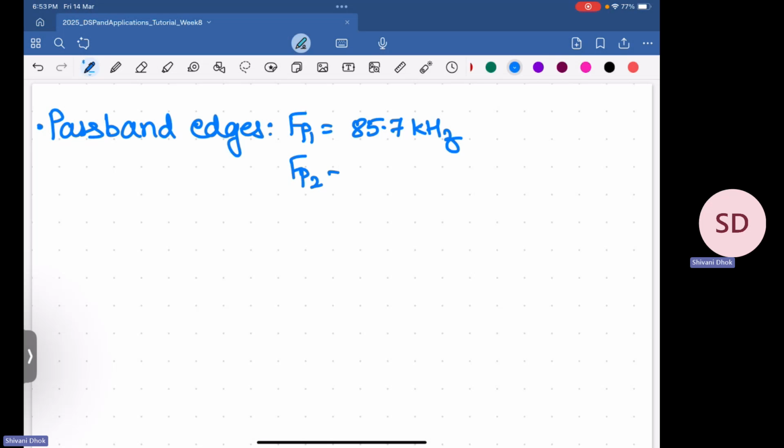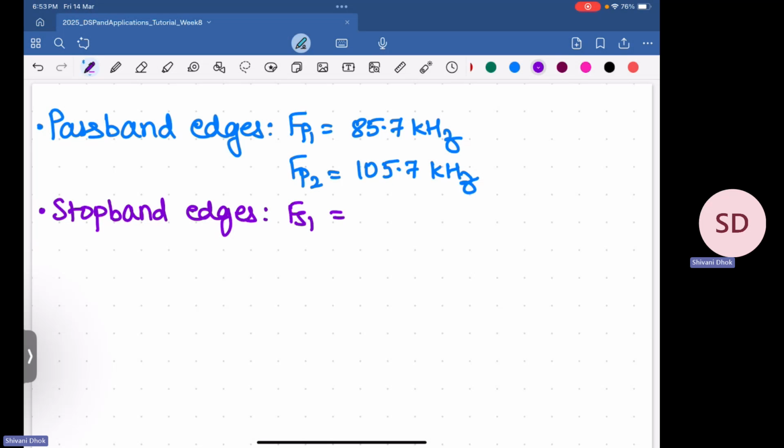The second passband edge is 105.7 kilohertz. Then the stop band edges: we have FS1, the first stop band edge, as 81.7 kilohertz, and the second stop band edge is 109.7 kilohertz.